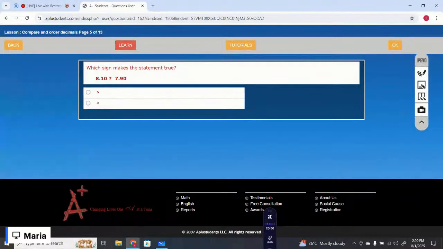Which sign makes the statement true? 8.10 and 7.90. 8.10 is less than 7.90.